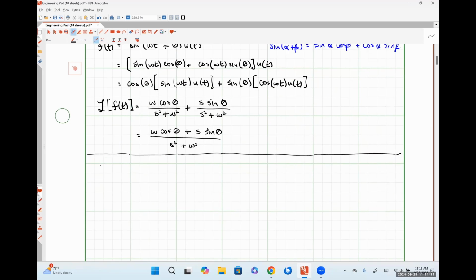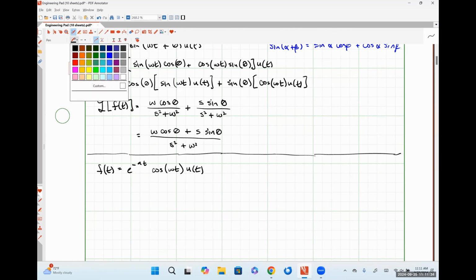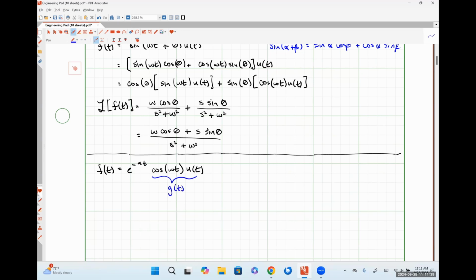So if we have f of t equal to e to the minus a t times cosine of omega t, no phase angle here to be very specific, u of t. If we treat cosine omega t times u of t as just some generic thing, which we're going to call g of t, we can use the frequency shifting property of the Laplace transform to figure out what this is.